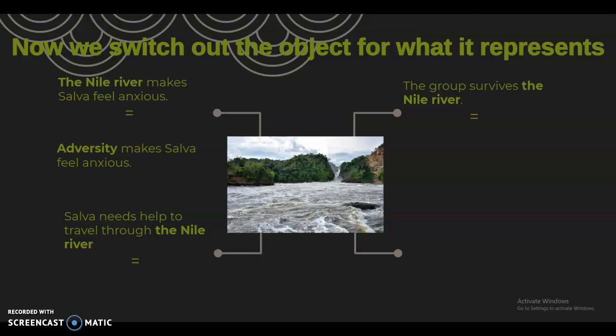Right? It does, because it's something that he has to overcome. Salva needs help to travel through the Nile River becomes Salva needs help to travel through adversity. He does need help to travel through adversity. Without his uncle, he may not have made it. And my third sentence, the group survives the Nile River, becomes the group survives adversity. They do. They make it to the refugee camp.